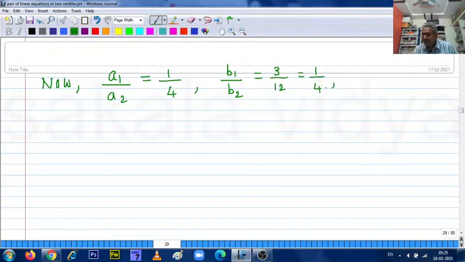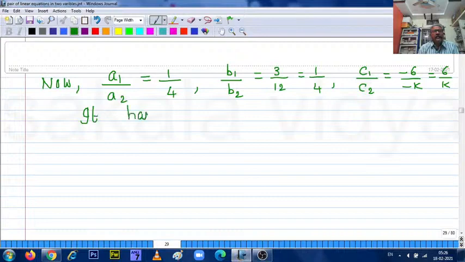Next, c1 upon c2 is actually minus 6 upon minus k, minus cancel, 6 upon k. So it has infinitely many solutions.